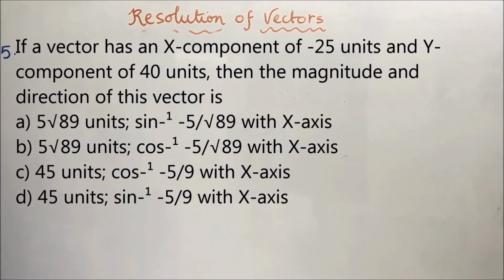Sine inverse minus 5 by root 89 with x-axis. Option B, 5 root 89 units. Cos inverse minus 5 by root 89 with x-axis. Option C, 45 units. Cos inverse minus 5 by 9 with x-axis. Option D, 45 units. Sine inverse minus 5 by 9 with x-axis. So pause the video and solve it.